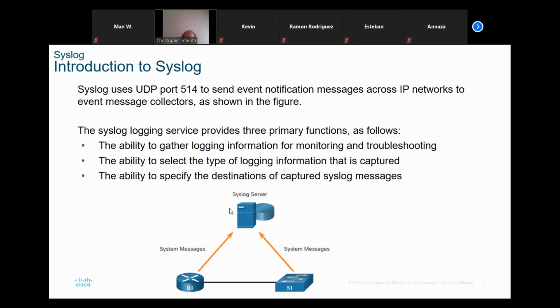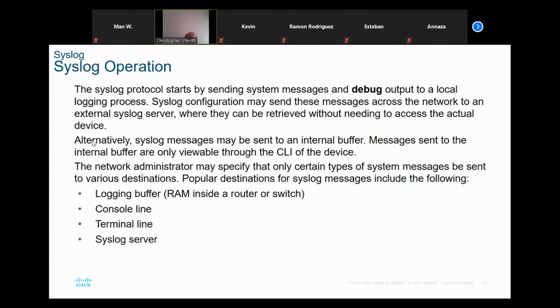Now, you would configure your routers and switches to send syslog messages to a network management station so that they can be archived for one, analyzed for two, and used in the investigation process when you have issues.